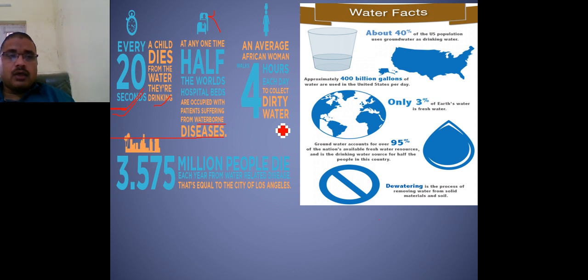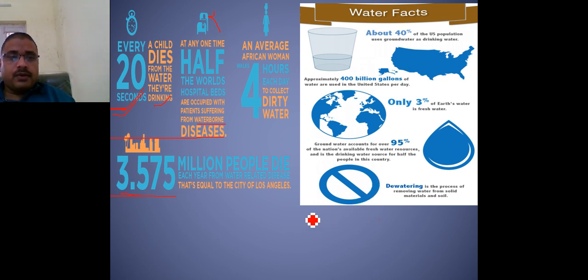Now, 3.575 million people die each year from water-related diseases. That means this figure is very, very high because of water. This kind of figure gives a very scary understanding about water.